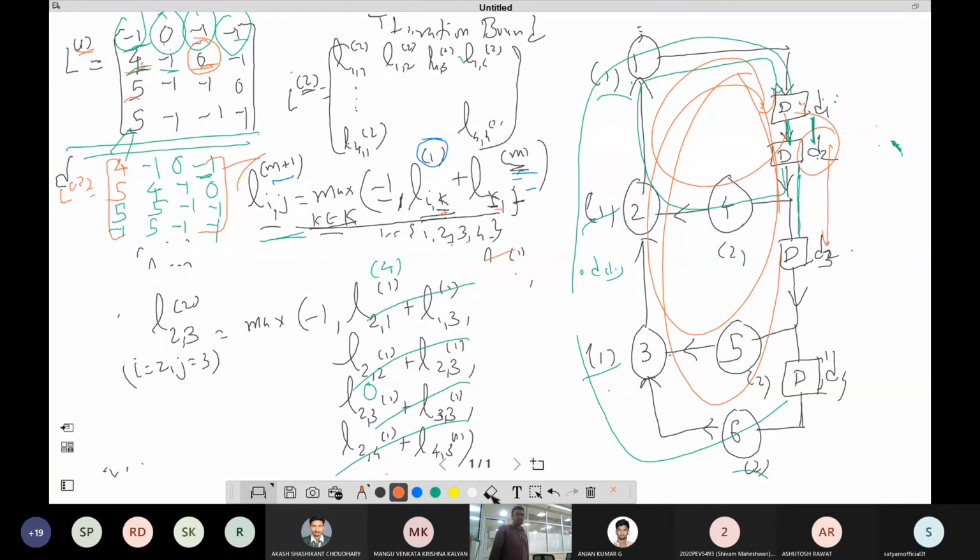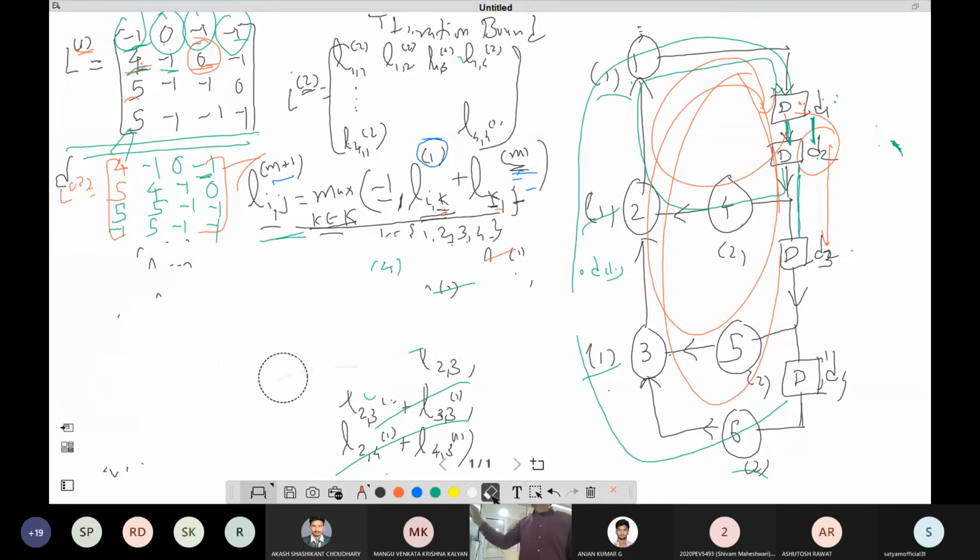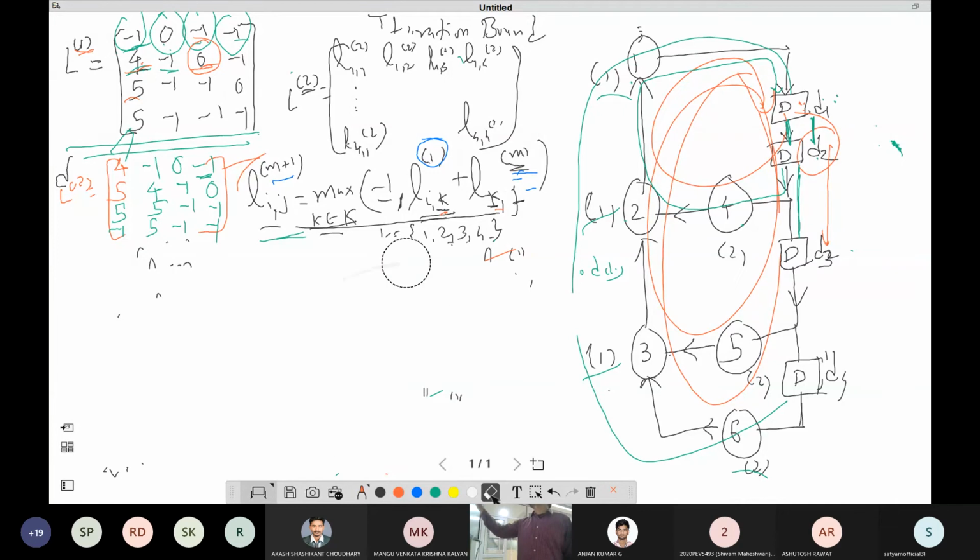Okay, so with this L2 matrix you can complete. I believe that you can complete now. Now just focus on L3. For L3 again I will use this formula only.